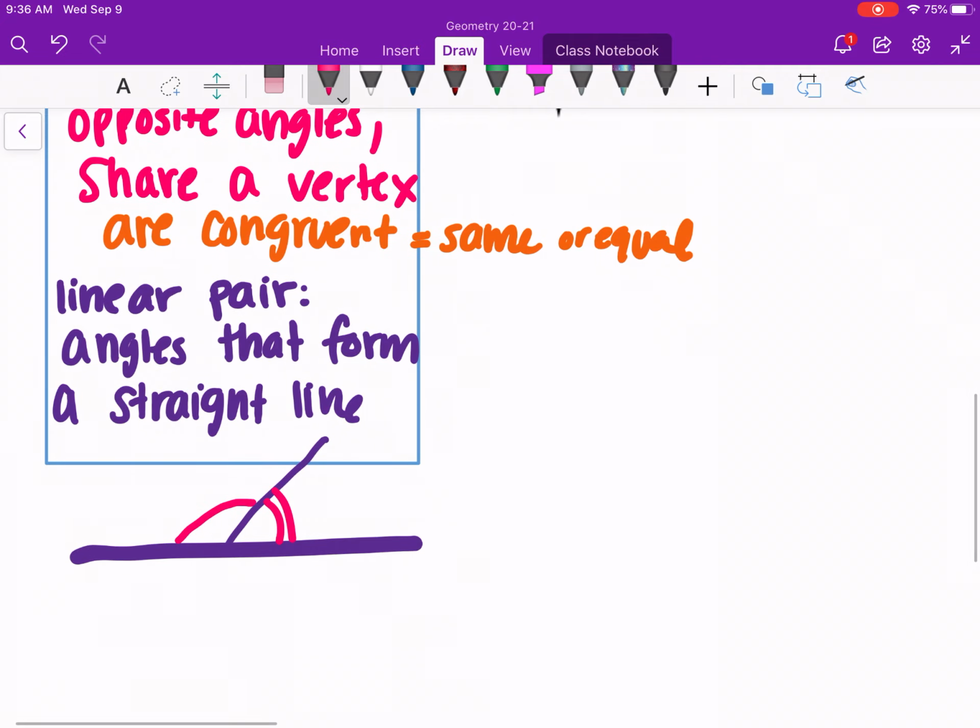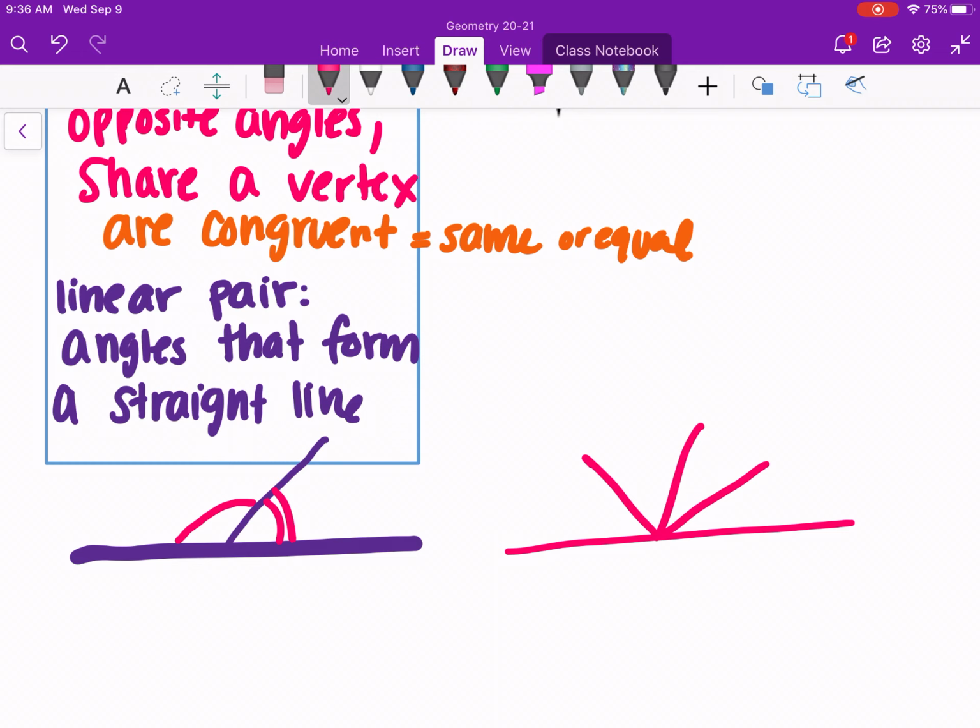You can also have a straight line and you could have multiple angles. So you could have this, this, this. Anytime you have angles that come together to form a straight line, those will always add to 180.